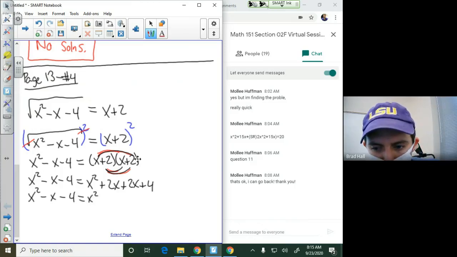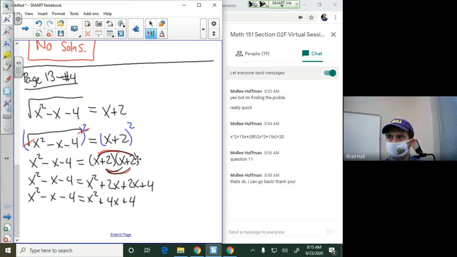We can go ahead and combine these two middle like terms. 2x plus 2x is 4x. And now we can combine more like terms.